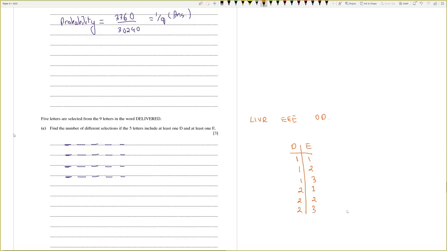Let's do this. So 1D, 1E, we have 4 letters left and 3 spots. So that's basically 4C3, 4 letters, 3 spots. And then 1D, 2E, 1D, 3E. This is 4C2, this is 4C1. Then 2D, 1E.